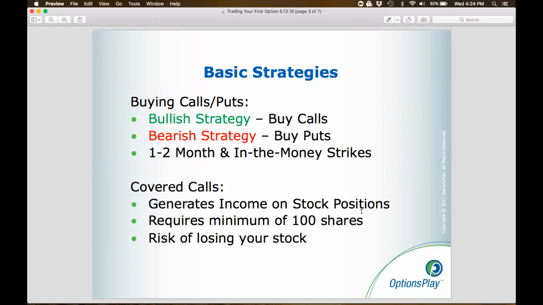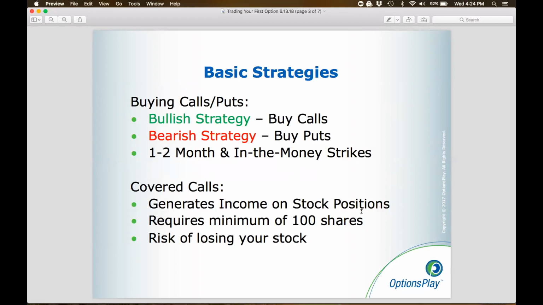Basic strategies. If you're starting out with options, there are two primary strategies that you want to focus on. The first is buying calls and puts. This is a strategy you would typically deploy if you have either a bullish or bearish view on an underlying stock. Normally, if you were bullish on a stock, you would buy the stock.